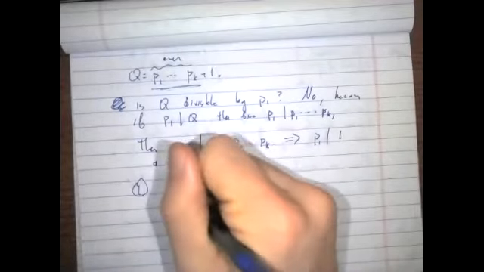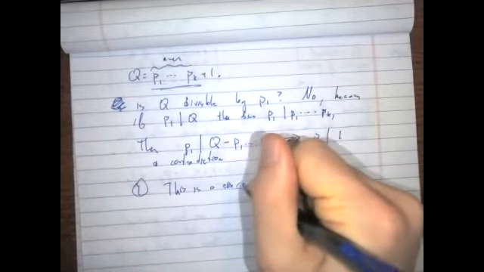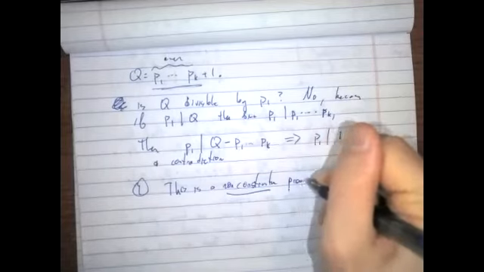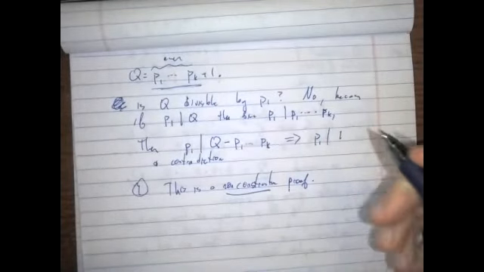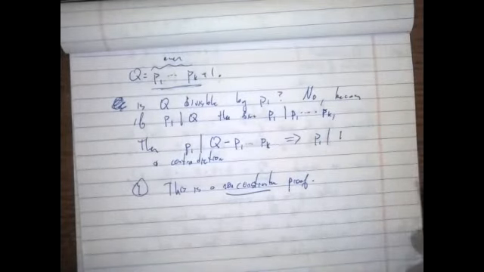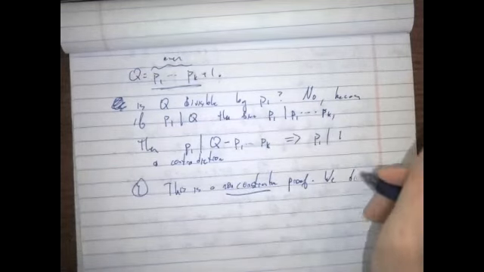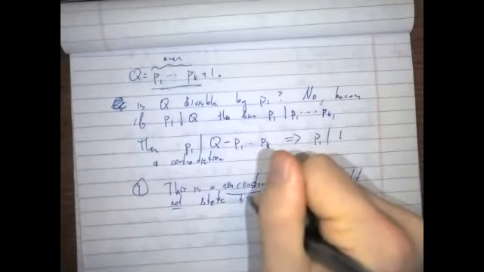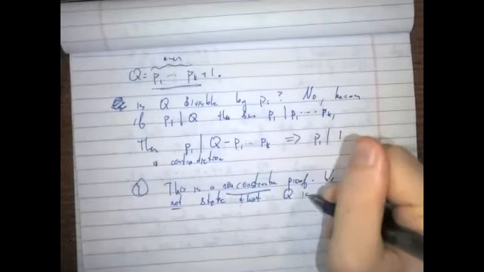So an important thing is that this is a non-constructive proof, in the sense that this proof did not present to us a new prime. We did not state that Q is prime.